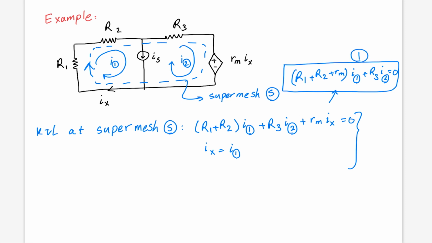We also need a constraint equation. So whenever we have a supermesh, not only would we have KVL at the supermesh, but we also need a constraint equation. So the constraint equation will be I1 minus I2 equal to Is.